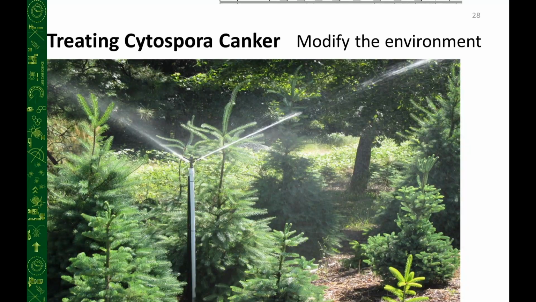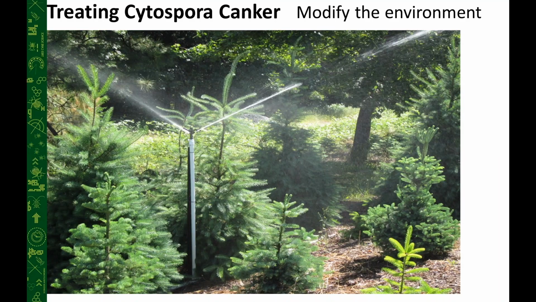The other thing here with our Cytospora canker is it needs available free water. So if you're blasting these trees with overhead irrigation, you're constantly creating a situation where this canker can reproduce and reinfect.